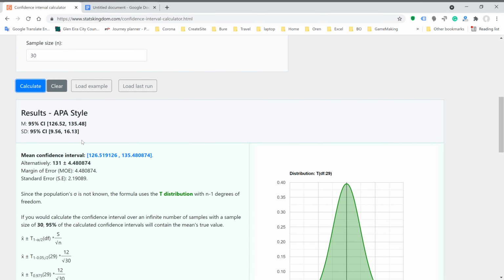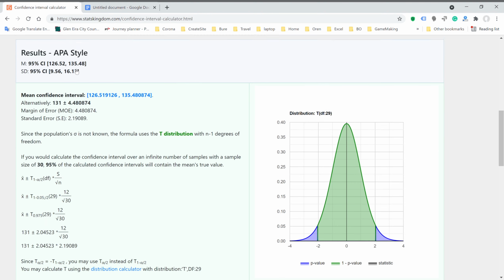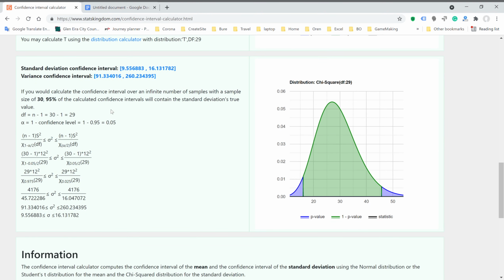Next, we might want to check out a confidence interval for the standard deviation. So if we scroll down, just underneath it, we can see first of all the confidence interval for the standard deviation, and also a confidence interval for the variance, if we need to.